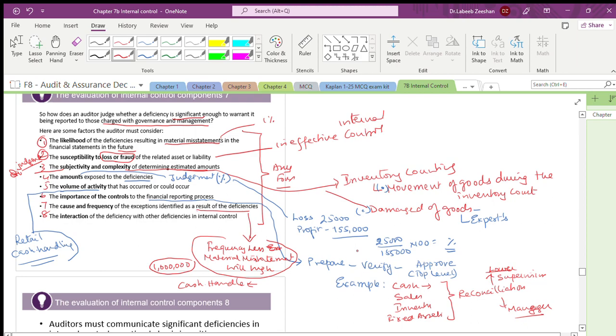That is what we are talking about in terms of the cause and the frequency. Most importantly, we are talking about the interaction of the deficiency with other deficiencies. It is otherwise called a significant deficiency.